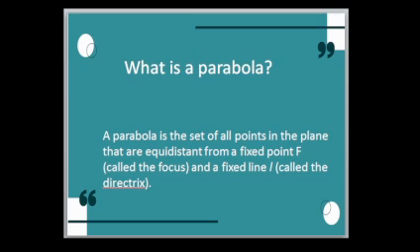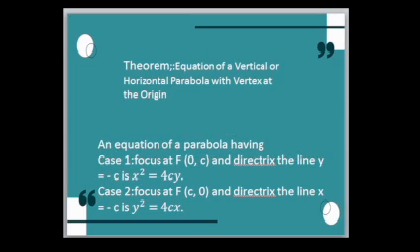Okay, we have our theorem here. Equation of a vertical or horizontal parabola with vertex at the origin. Case number 1: we have the focus at F(0, c) and directrix, the line y = -c, the equation is x² = 4cy.